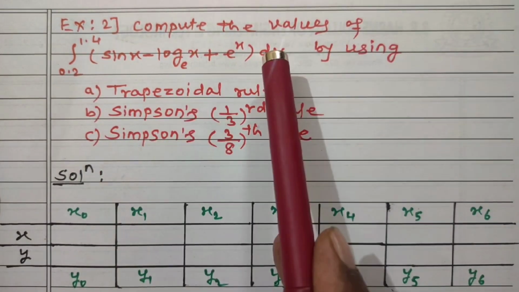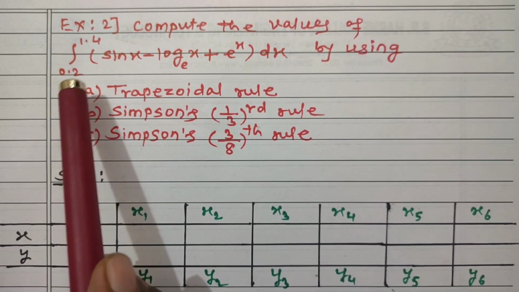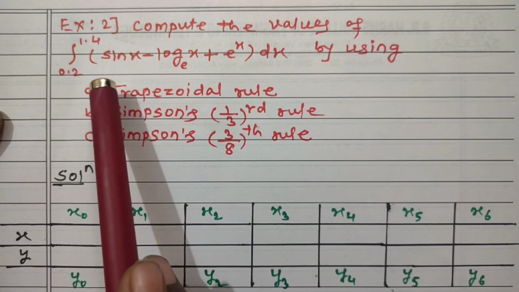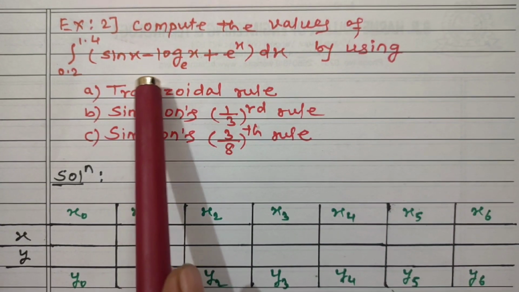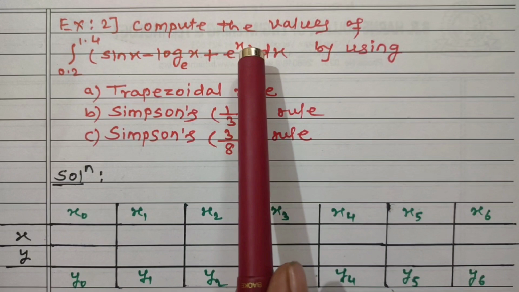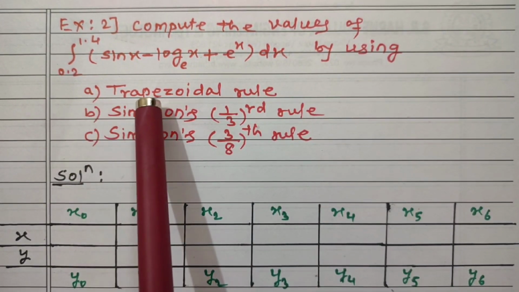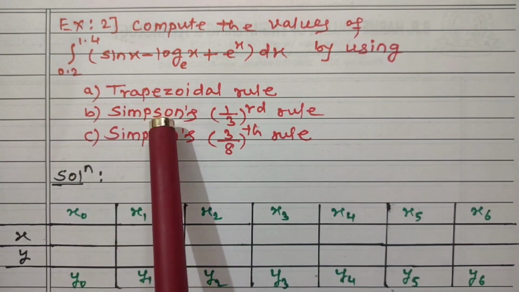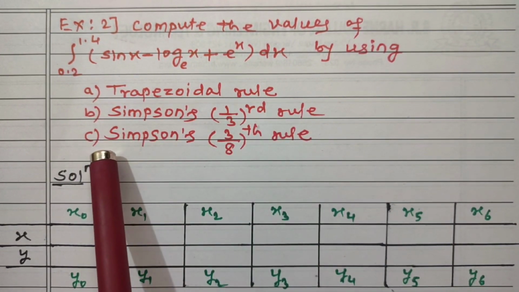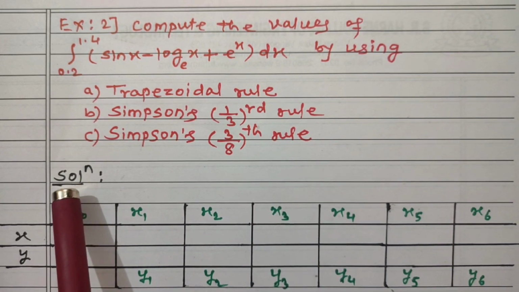Example number 2. Compute the value of the integral I from 0.2 to 1.4 of the integrand sin x minus logarithm of x to the base e plus e to the power x, with respect to x, by using number A trapezoidal rule, number B Simpson's 1/3 rule, and number C Simpson's 3 upon 8 rule. To solve this, first of all we have to find the value of h.